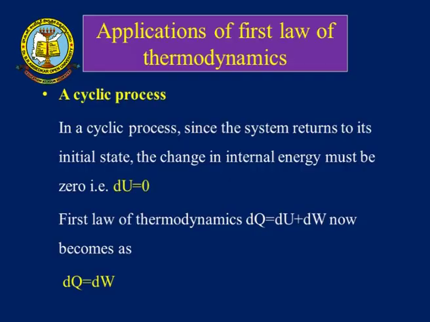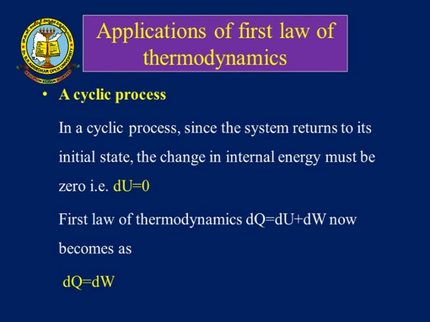Next, we have another process, which we call a cyclic process. Now, we apply the first law of thermodynamics for a cyclic process. In a cyclic process, the system returns to its initial state, so the change in its internal energy must be 0.